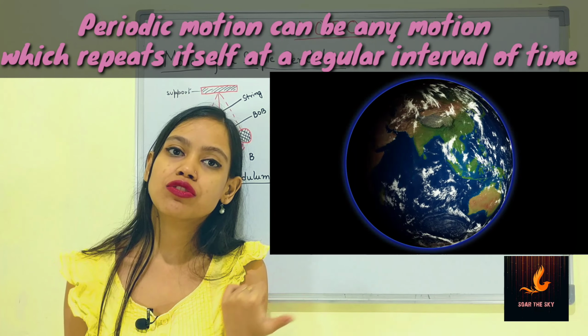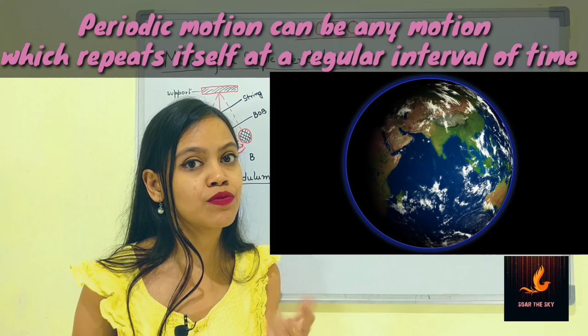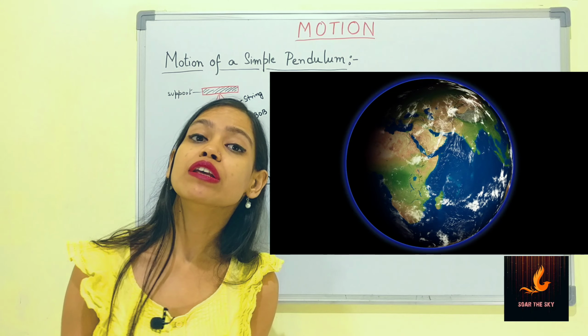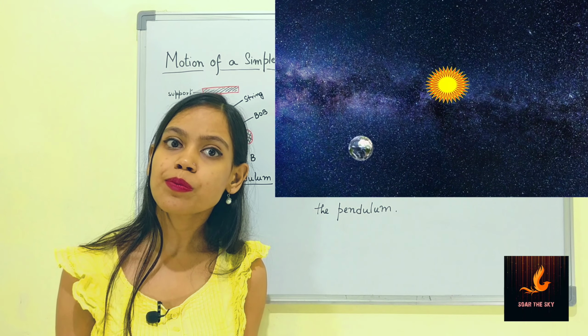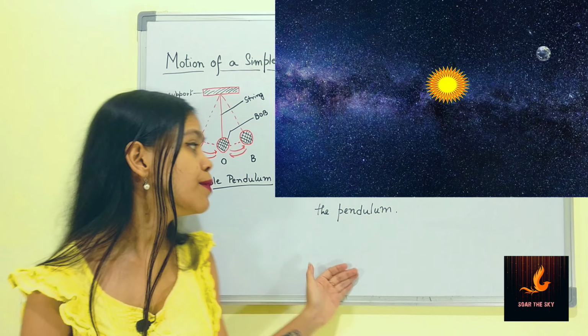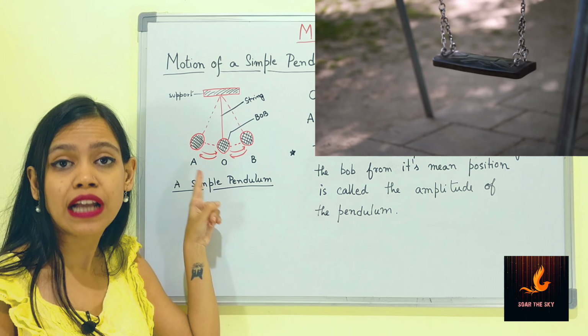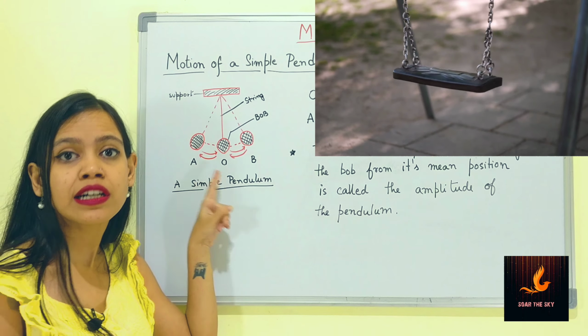It can be rotational motion, as Earth rotates once in every 24 hours, so that can be periodic. The revolution of the Earth is also a periodic motion. Here, the pendulum is oscillating, moving from one end to another in a to and fro motion, but it completes this motion in a particular, fixed amount of time. So that makes it a periodic motion example as well. So here is how your confusion should be cleared.